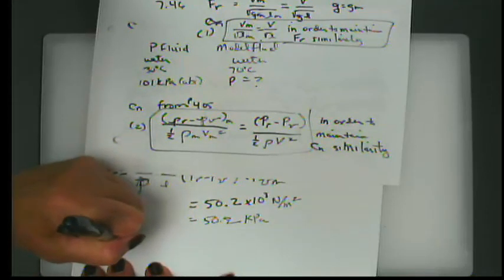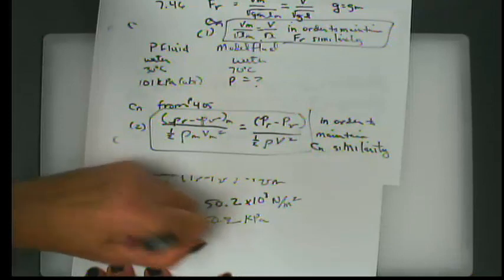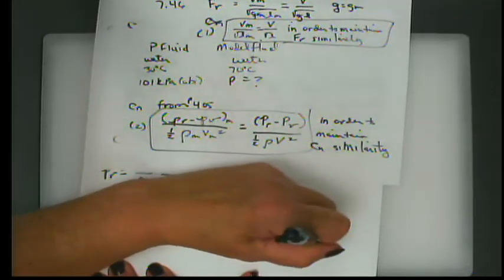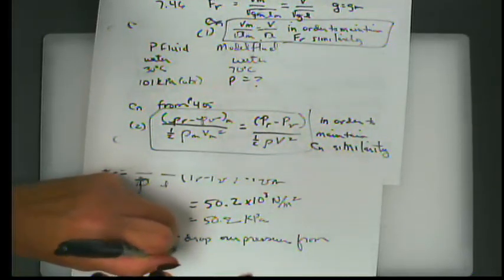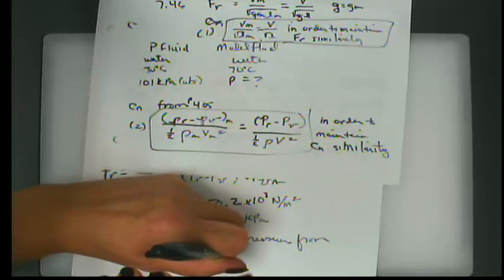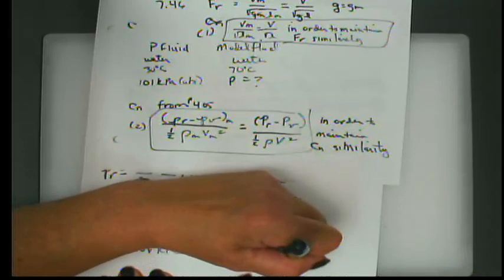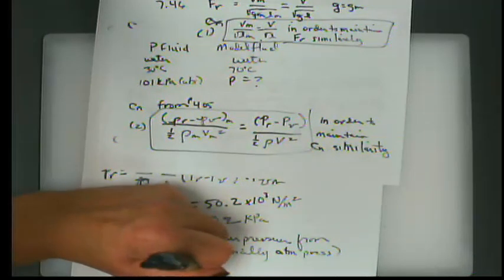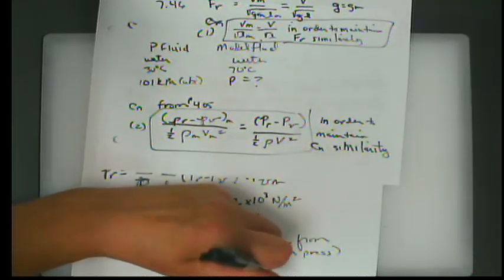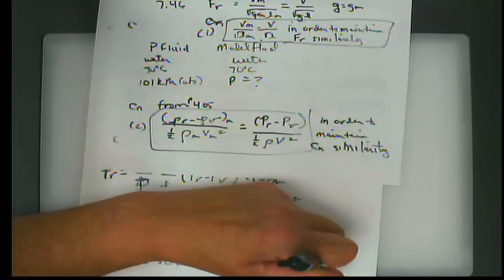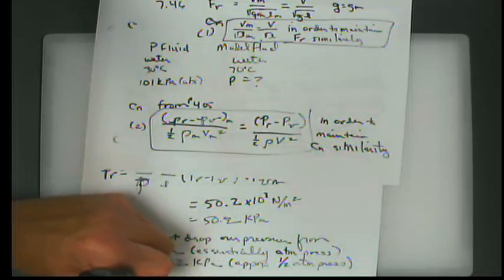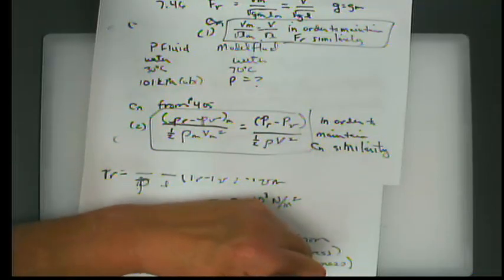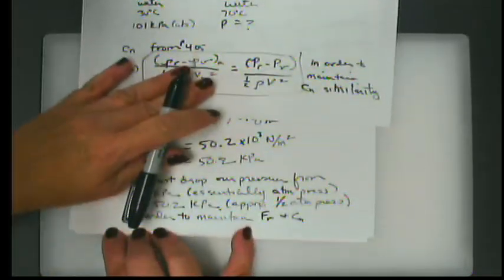Therefore, we must drop our pressure from 101 kPa, essentially atmospheric, to 50.2 kPa, which is approximately half atmospheric pressure, in order to maintain Froude number and cavitation number similarity.